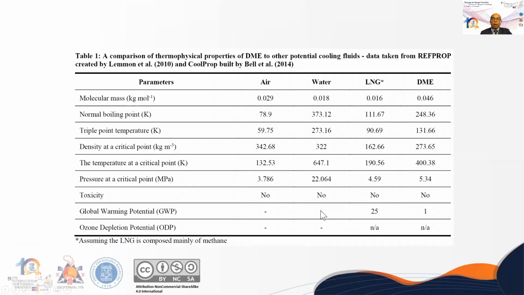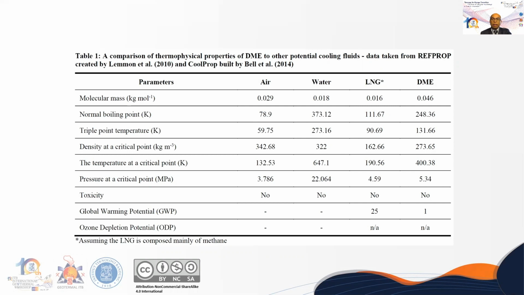As we see in the table, these are the selected parameters I've provided to understand the comparison between DME, LNG, water, and air. Here, triple point temperature plays a key role: below this temperature, the material will be in solid form. Another parameter is normal boiling temperature; we can store DME, LNG, and air in liquid form below their normal boiling temperature.